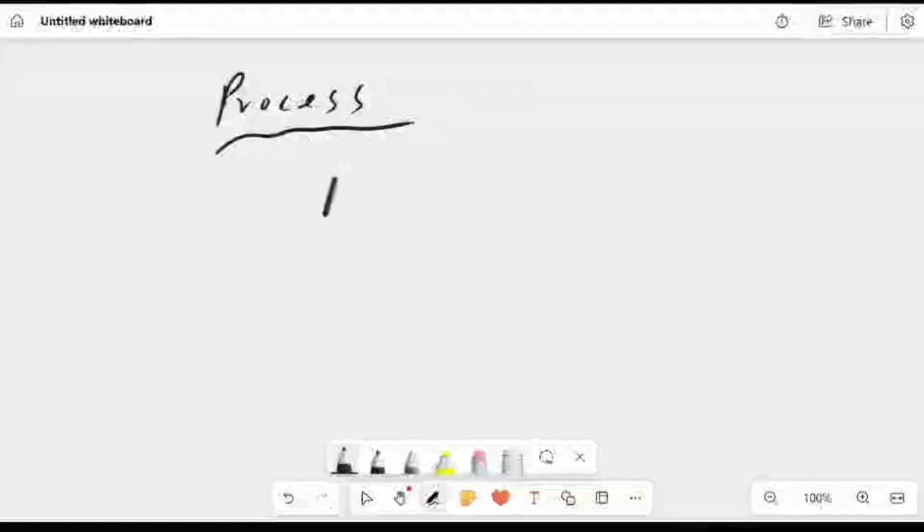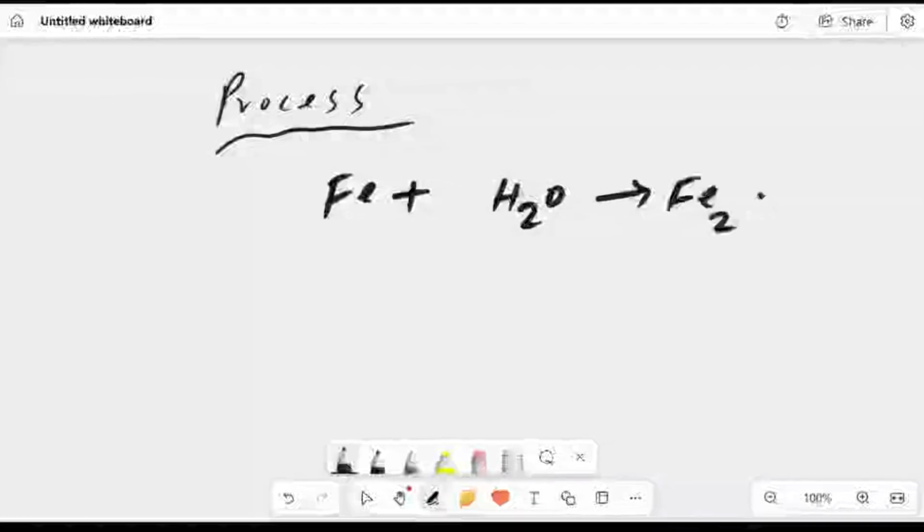Let's take into account a skeletal equation, Fe plus H2O gives Fe3O4 plus H2.